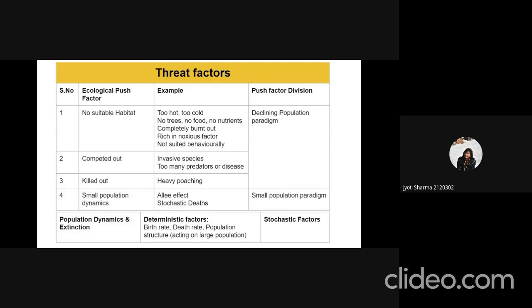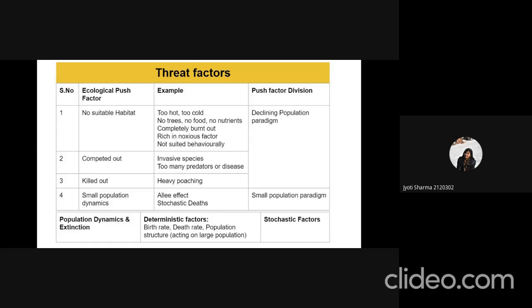Whenever we have some certainty about some event and because of that there is some reduction in the population, we call it the deterministic factor. So if we know there is an x birth rate or a y death rate, we can say what will happen in the future if such and such rate stays constant. So this is the deterministic factor.